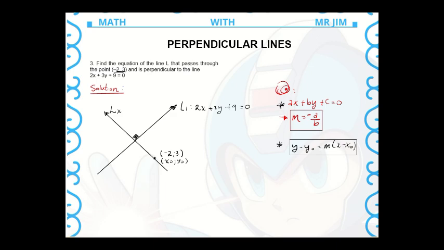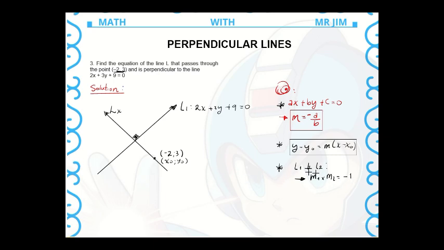Pero también sabemos otra propiedad, another property. You have two lines that are perpendicular. If L1 is perpendicular to L2, then the property is that m1 multiplied by m2 should be -1.